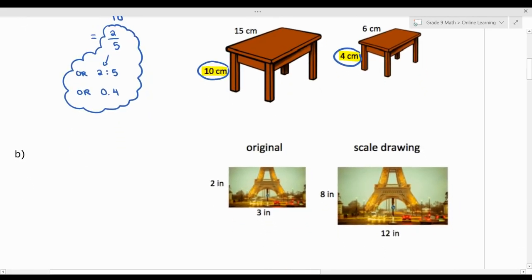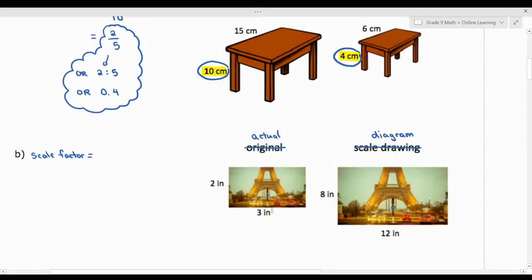Okay, question B. So this time we have the original. So again, we think of this as the actual, and we have our scale drawing. We think of that as our diagram. Okay, I want to find the scale factor. So I'm going to write down scale factor is equal to.